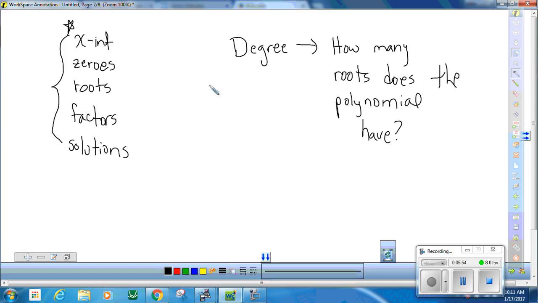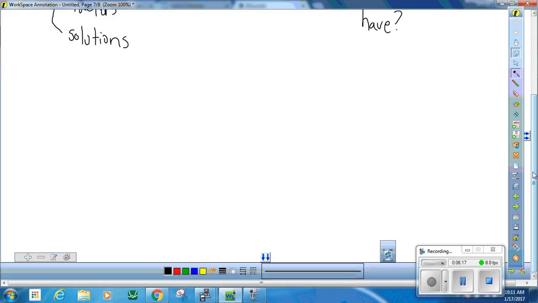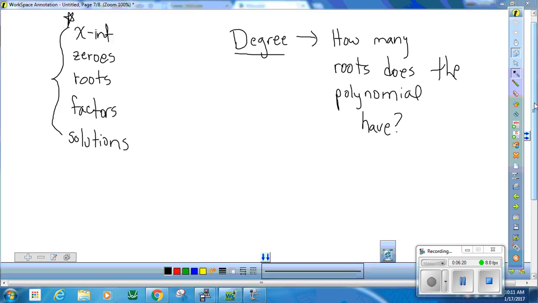But we don't necessarily know how many of them are real and how many of them are imaginary. So that's where we just have to pay attention as we're graphing and do a little detective work. But I do want to point out the degree tells us how many roots the polynomial has, how many solutions it has. But it doesn't tell us how many of them are real and how many of them are imaginary.